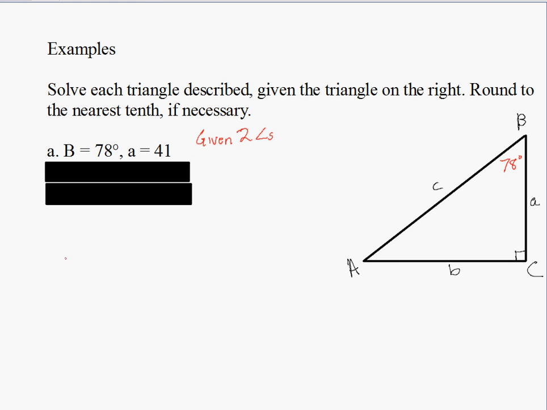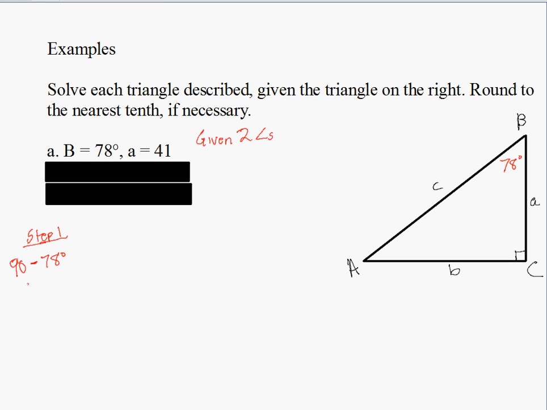So remember, step 1, let's write this down. Step 1 is to find the third angle. So I'm going to take 78 and subtract it from 90. Step 1 is going to be 90 minus 78.